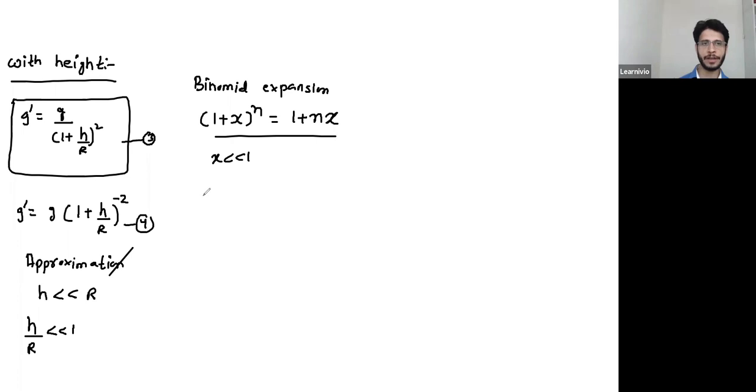So if I expand this term, 1 plus h by r to the power minus 2, instead of n we are using minus 2, and instead of x we are using h by r. So we expand it, this is 1 plus n x, with n as minus 2 and x as h by r.